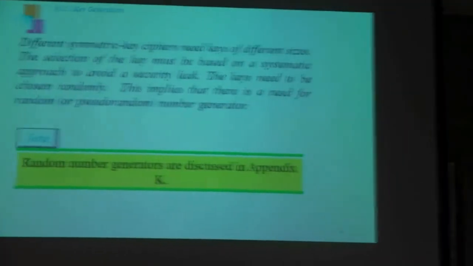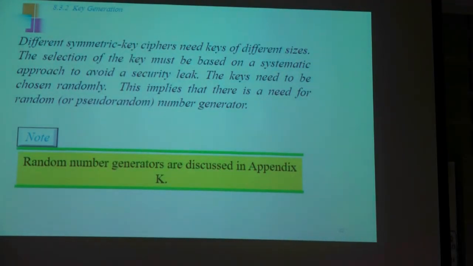The key generation needs keys of different sizes. The selection of the key must be based on a systematic approach to avoid a security leak. The keys need to be chosen randomly. Usually these keys are 128-bit and 256-bit; you think that you and I are going to sit and pick?